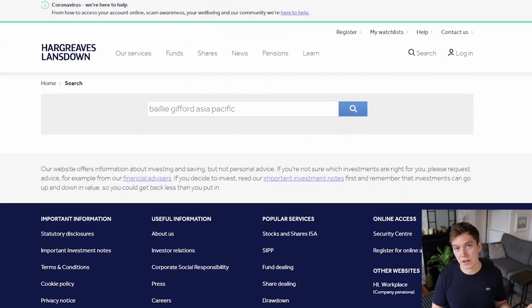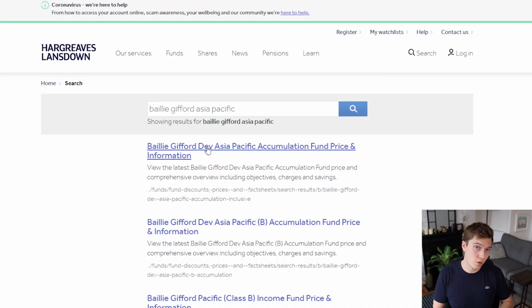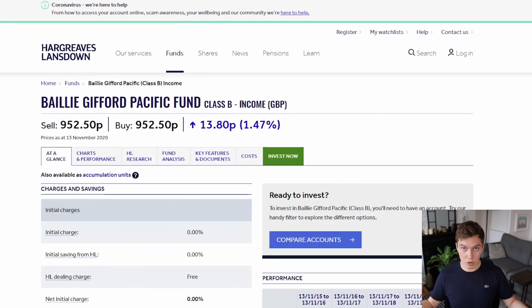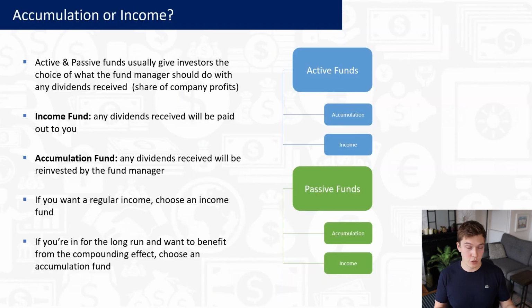Whereas an income fund, I would say, is probably better if you're looking for a regular income, or if you're a bit older and you want to receive that regular income. And obviously you'll receive that money in the form of a dividend, and you can go away and spend it on whatever you like.